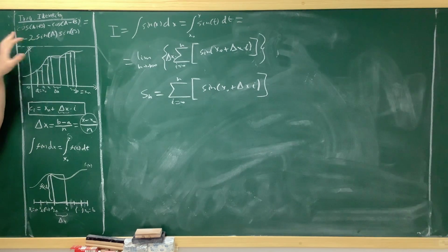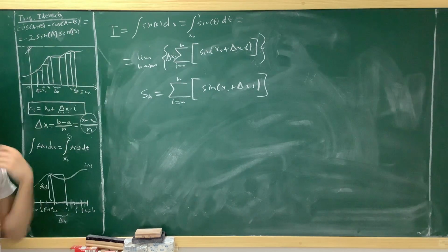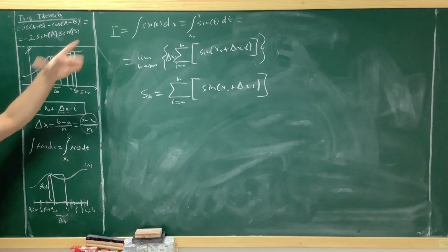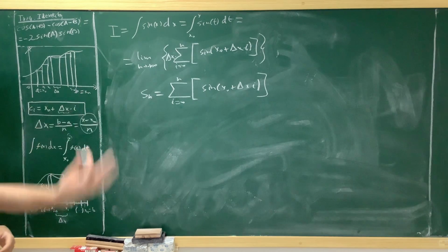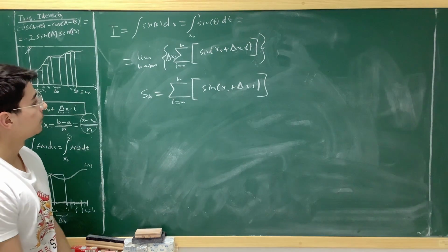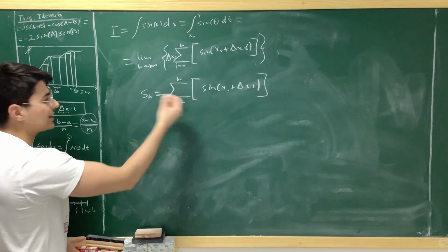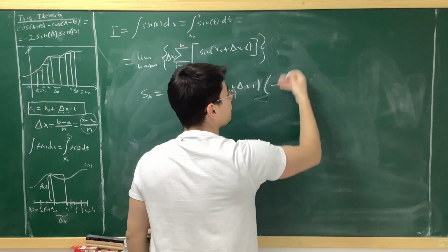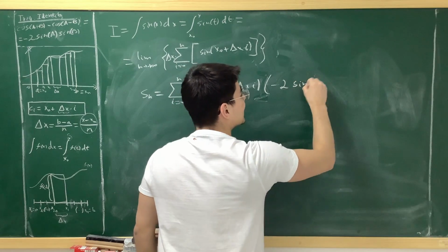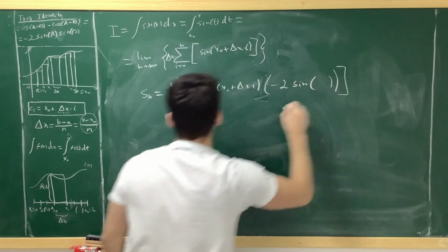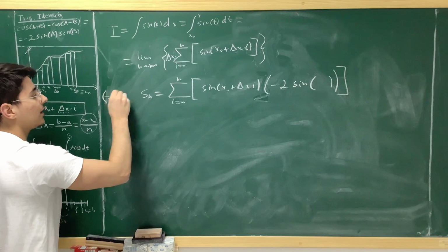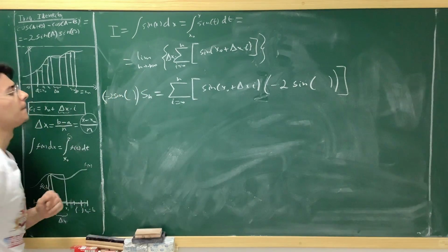So here we have that the cosine of the sum minus the cosine of the subtraction of two angles is equal to minus 2 times the sine of A times the sine of B. We have only one sine, so we can multiply by minus 2 the sine of something, and if we do it there, we can do it here, so the equality holds.